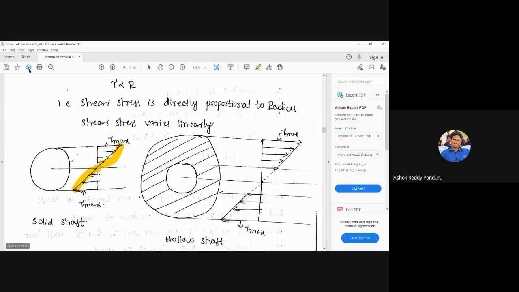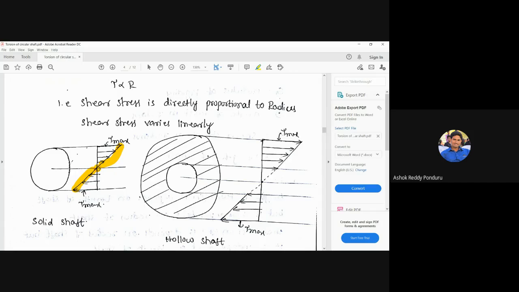Don't confuse it with the shear stress distribution diagram due to the shear force. The shear stress distribution diagram due to the twisting moment is different. We know that the shear stress due to the shear force is maximum at the center and 0 at the outermost layer, and it varies parabolically.